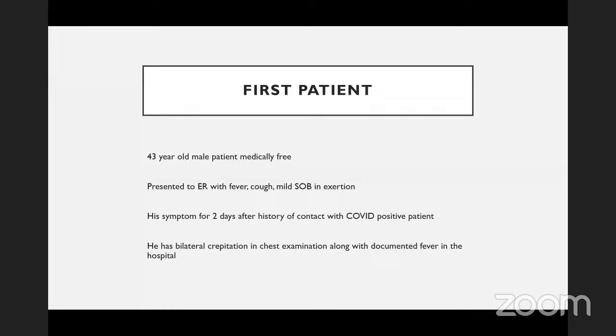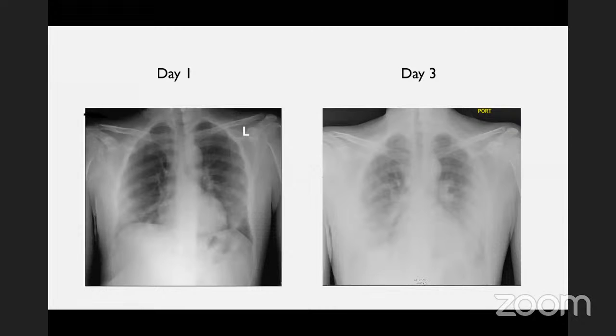He also had a history of contact with a COVID-positive patient. On examination, he had bilateral crepitations in the chest along with documented fever in the hospital. Day one X-ray shows some peripheral changes. At that time, his vital signs were stable apart from the documented fever.